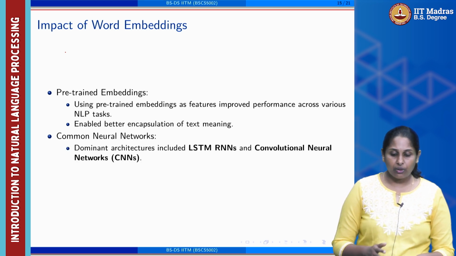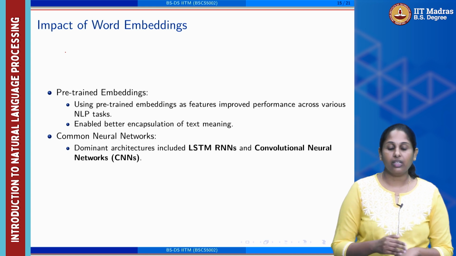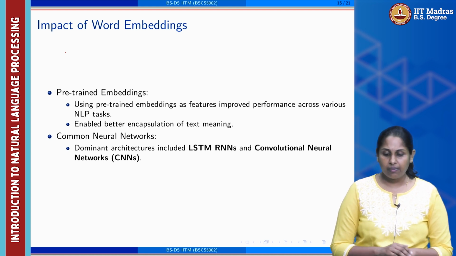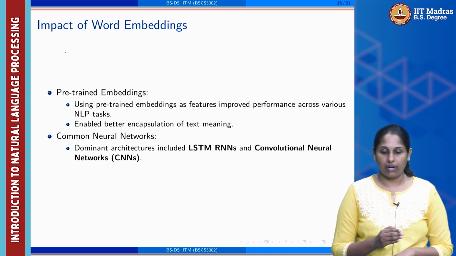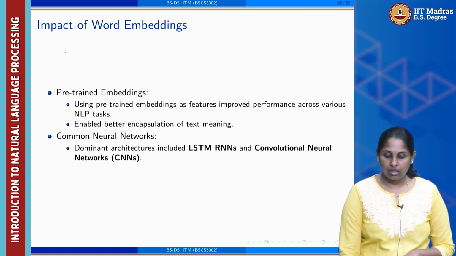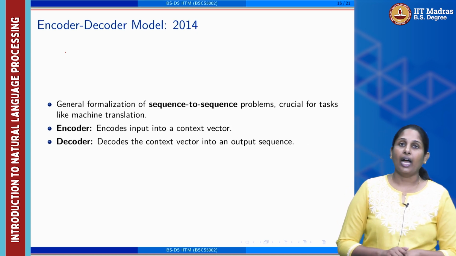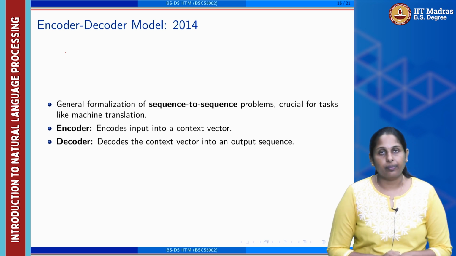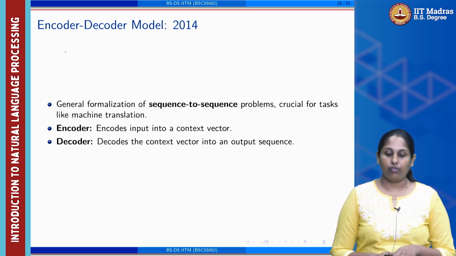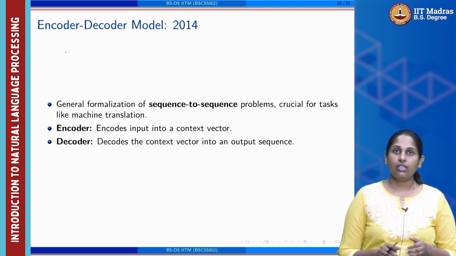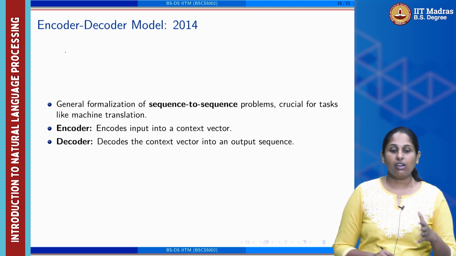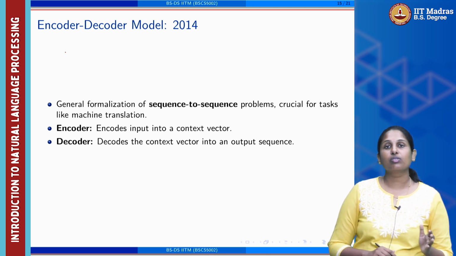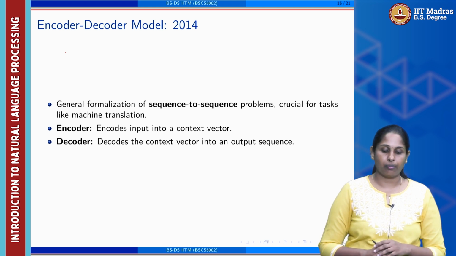The dominant neural network architectures, like LSTM and CNN, were very popular during the 2000s era. And in 2014, the Encoder-Decoder model became very popular, because it gives a general formalization of the sequence-to-sequence problem.